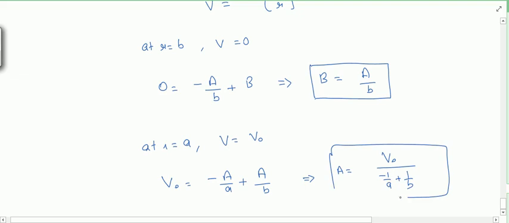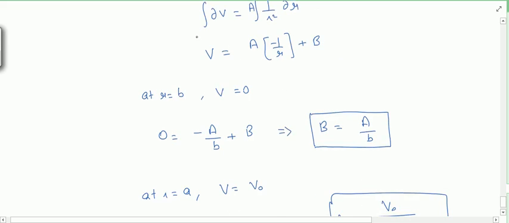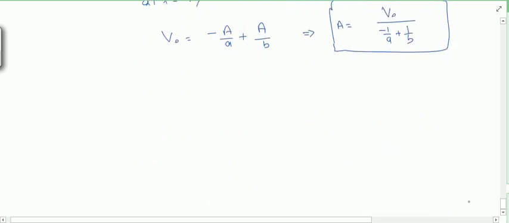You can similarly put the value of A here and find the value of B. So the expression for V was simply this, with A and B as constants, which we have found using the boundary conditions.